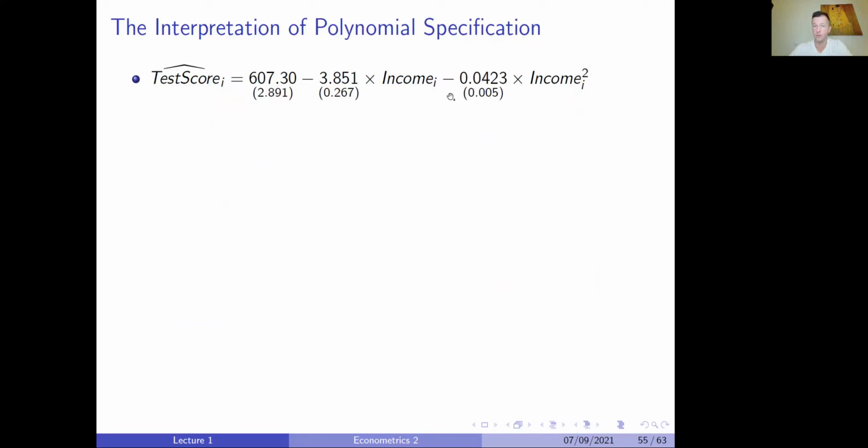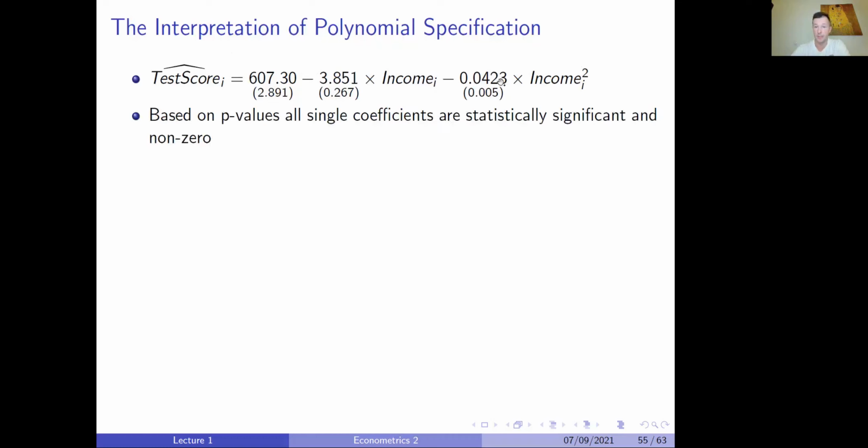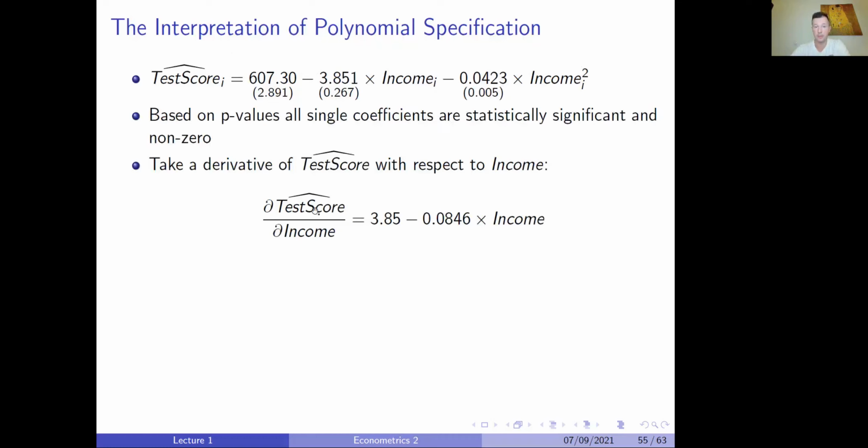Basically, the first order has a negative coefficient estimate, and the second order also has a negative coefficient estimate. When we take the derivative of test score with respect to income, we have this expression. So 385 comes from this, and this coefficient, minus 0.0846, is 2 multiplied by beta 2.